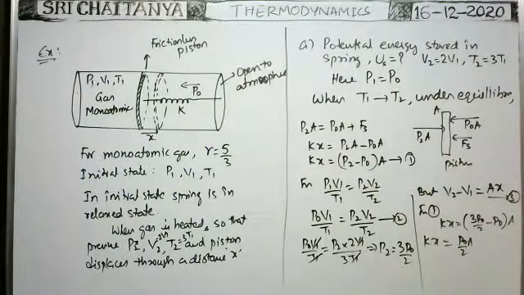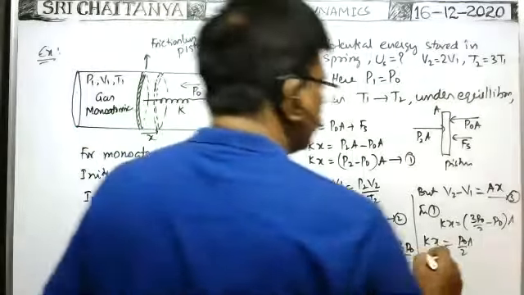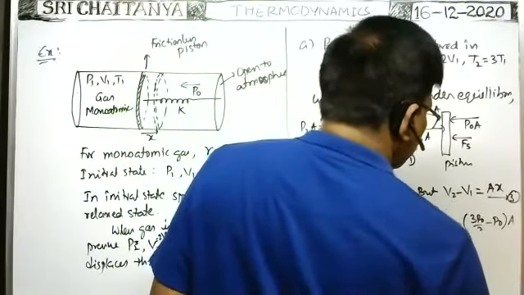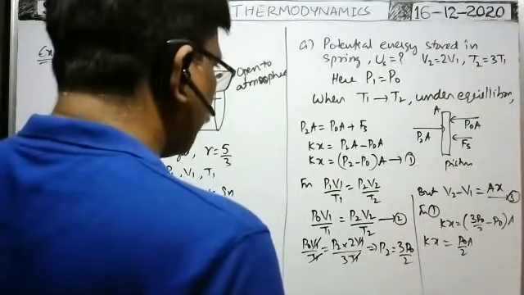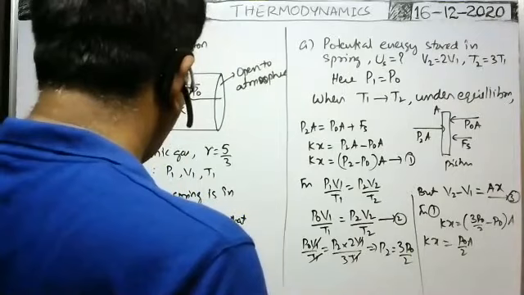Therefore, Kx is equal to P0 into A by 2, we got.